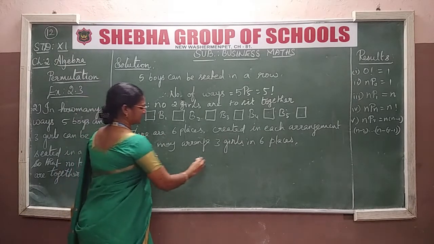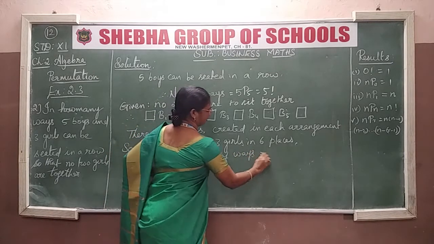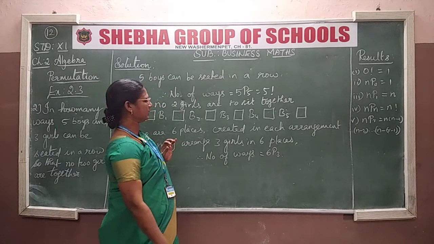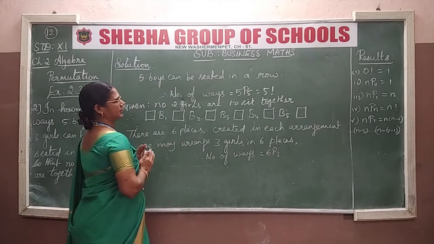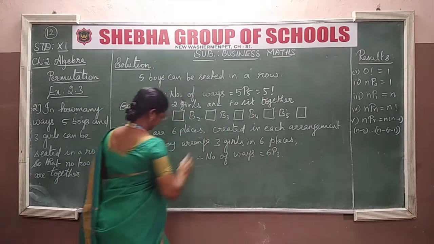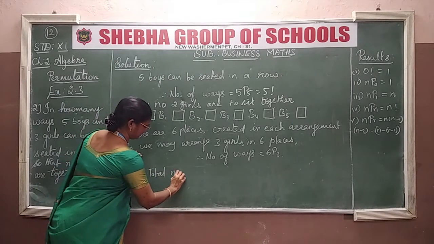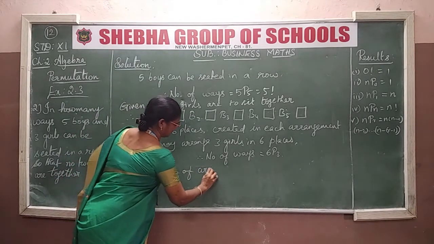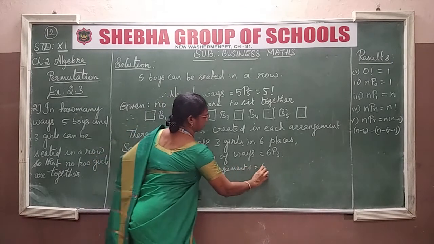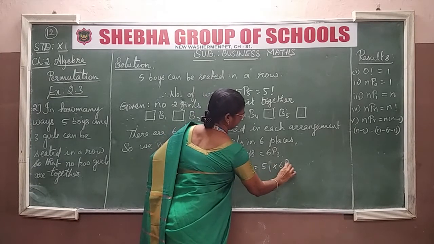So the number of ways is 6P3. So the total number of arrangements is 5 factorial into 6P3. Multiplying these two we get 5 factorial into 6P3.